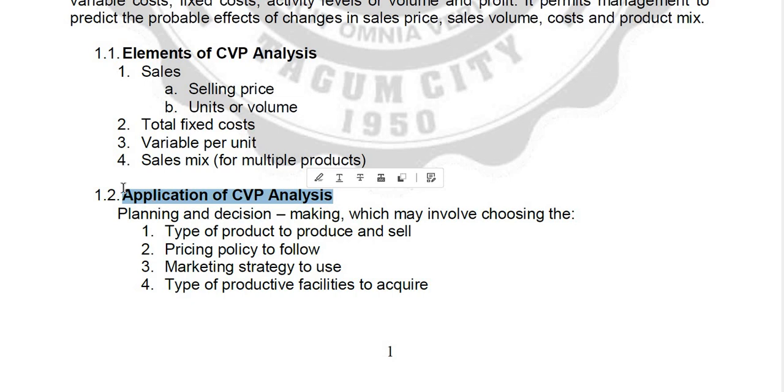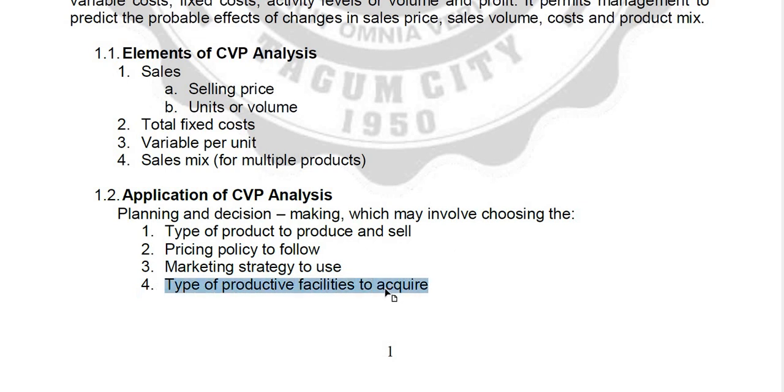So, another thing is the pricing policy, no? Anong pricing policy na ipa-follow natin? Magbe-based ba tayo sa product cost? How much should be the percentage of the margin sa ating product? Also, what marketing strategy to use, and the type of productive facilities to acquire, no?